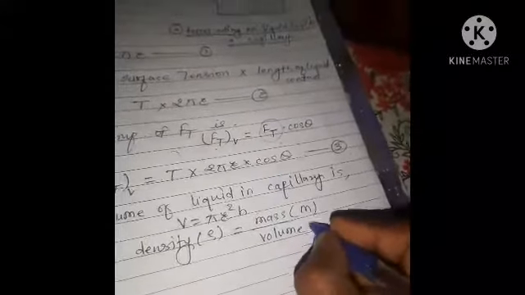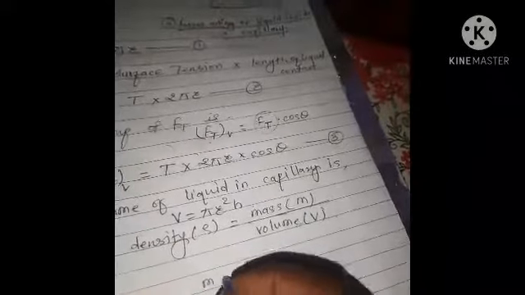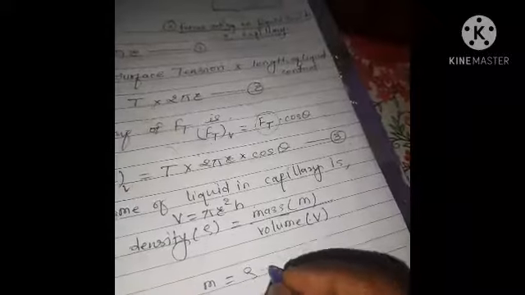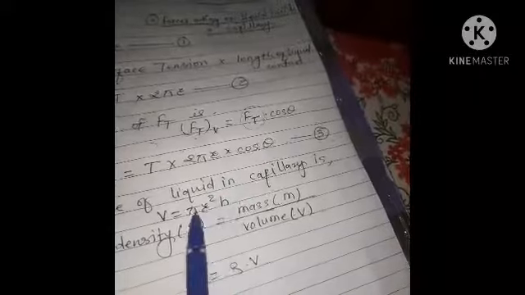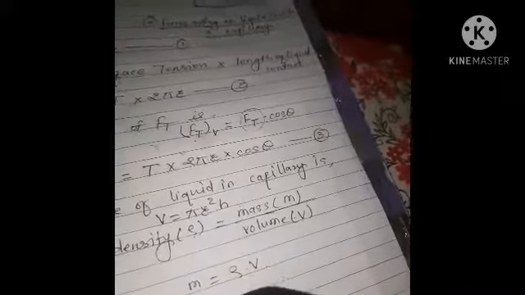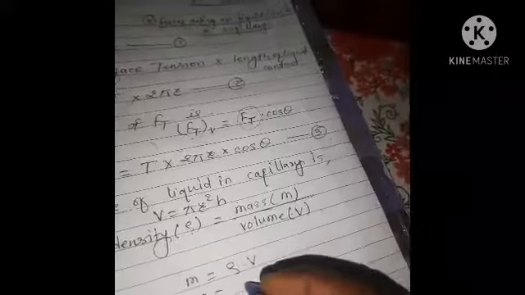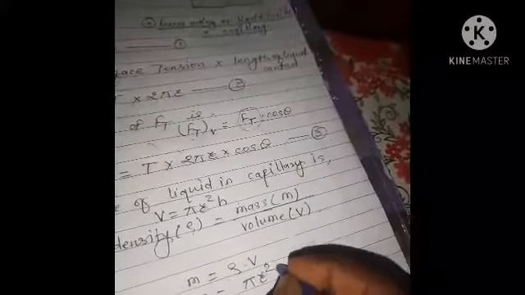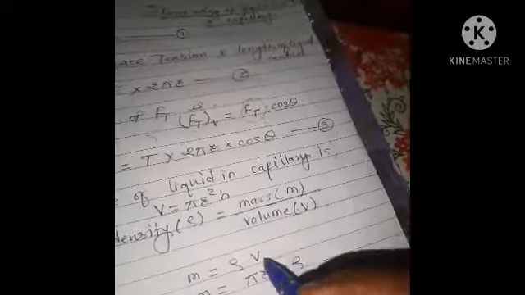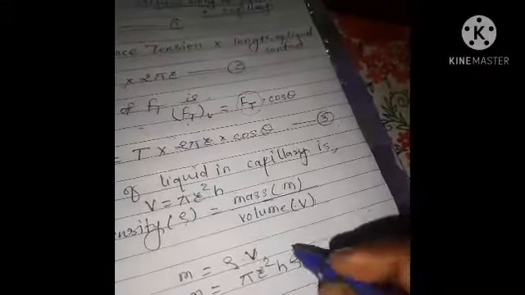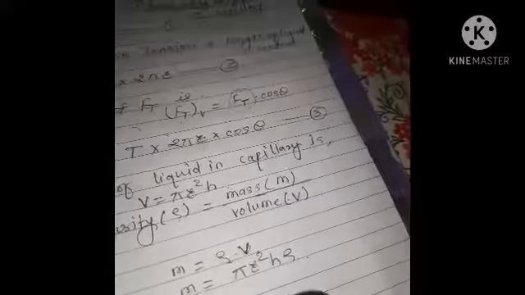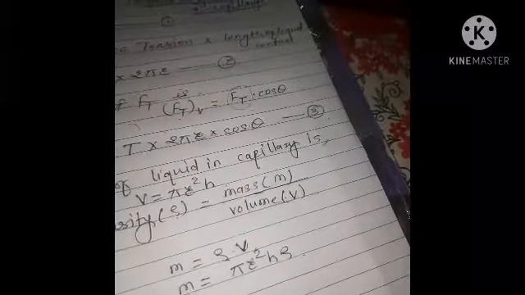Suppose small m is mass and V is volume, then mass is equal to rho into V, and V is from this formula. Therefore mass is pi r square h into rho. We have put the value of volume from the above equation, and from this equation we have got our expression for mass.